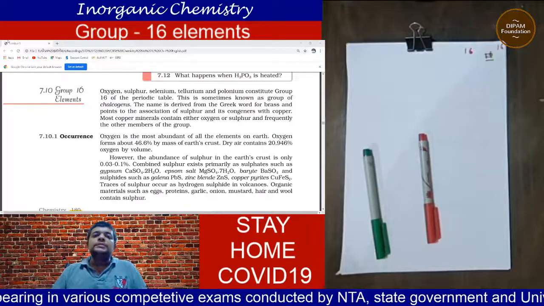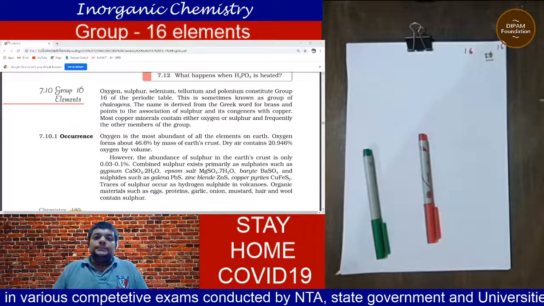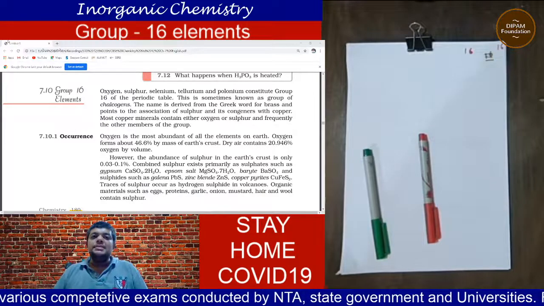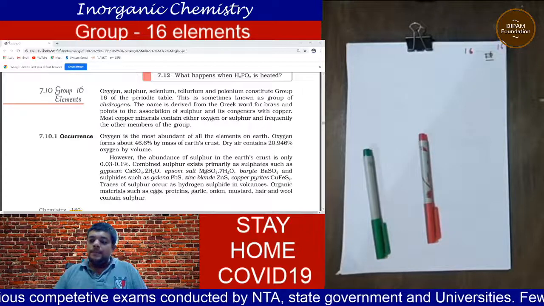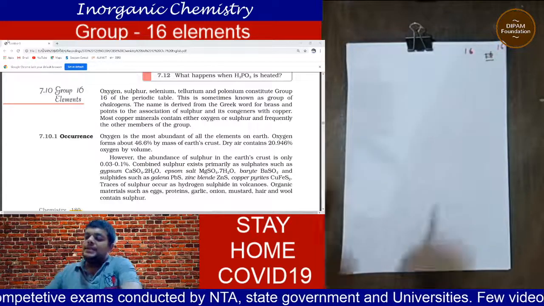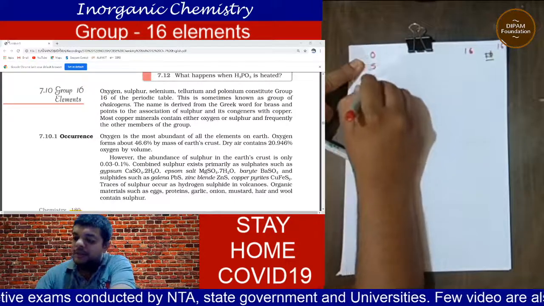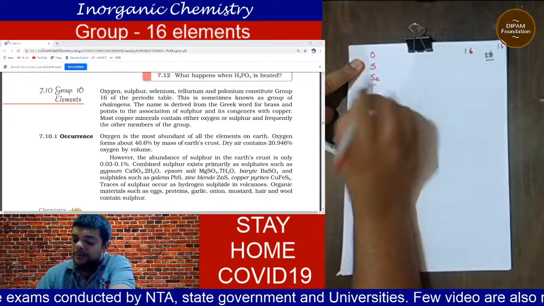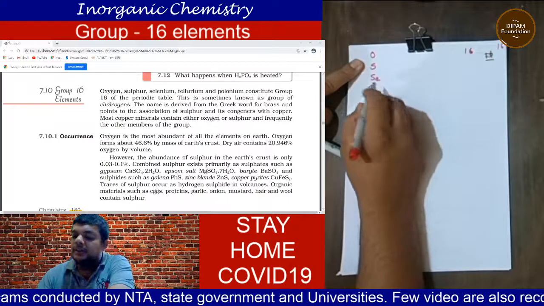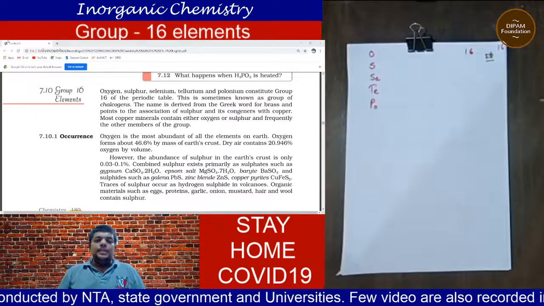So, dear students, now we are going to commence with the study of group 16 elements in inorganic chemistry. Whenever we come across the title group 16 elements, we generally say oxygen, sulfur, selenium, tellurium, polonium.